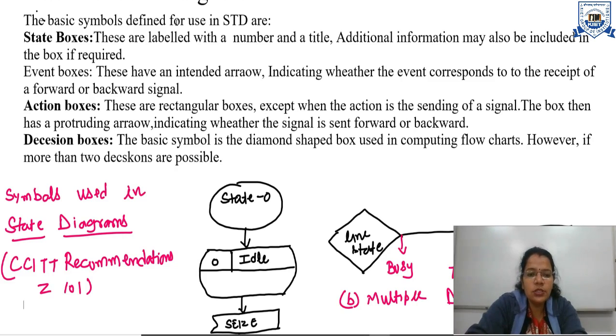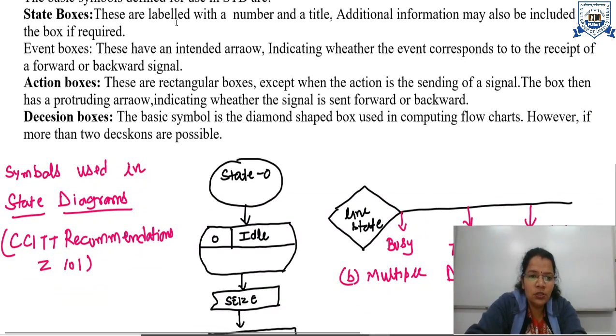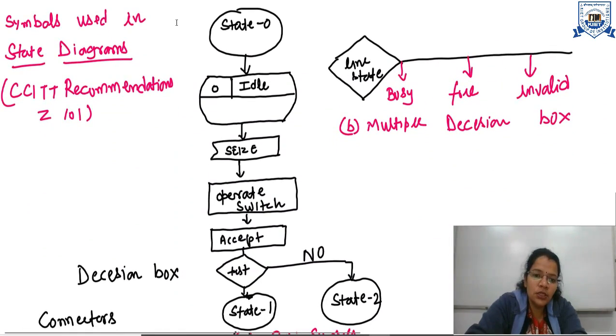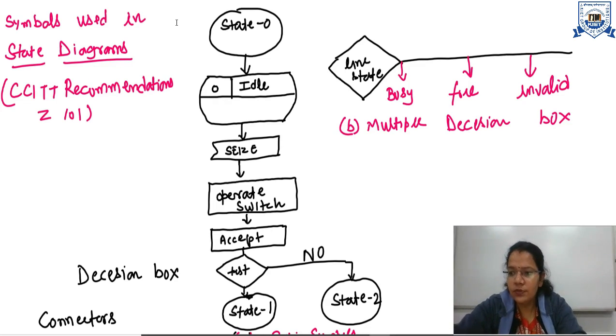Now decision boxes: the basic symbol is the diamond shaped box used in computing flow charts. However, more than two decisions may be possible. Okay, so this is a diagram of a state transition. These are the symbols used in state diagrams according to the CCITT recommendations.